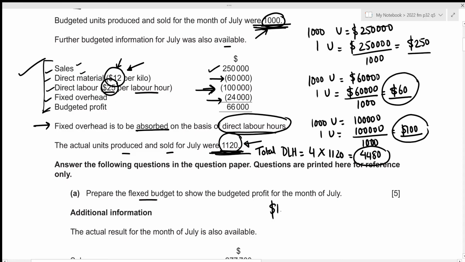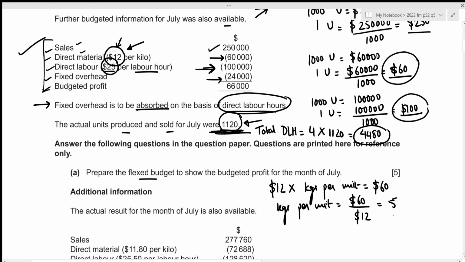Which means that 12 times kgs per unit results in our per unit direct material cost to be 60. Now this gives our kgs per unit to be 60 divided by 12, which results in 5.